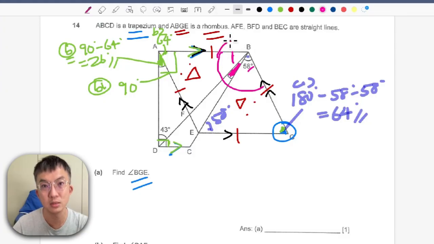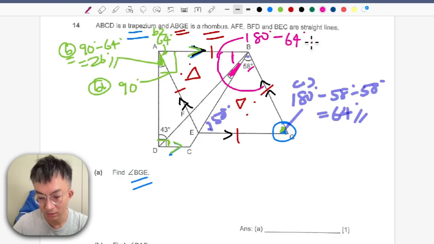Okay, so this angle alone, because this is a pair of parallel lines, these two angles add up to 180. Okay, so this big angle is 180 minus 64. Okay, and there is a total of 116.